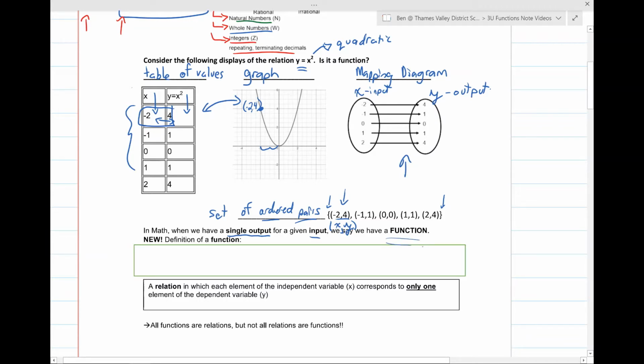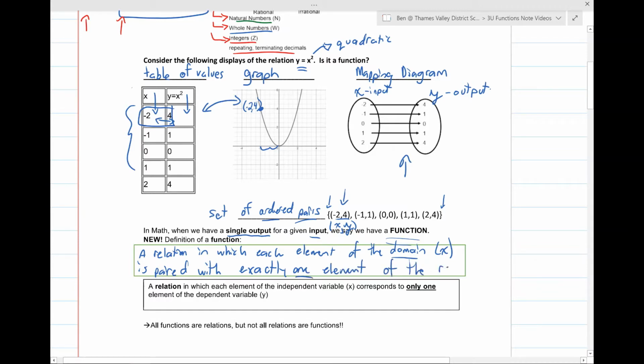We're going to call a function a relation in which each element of the domain, and that's what we're going to talk about today. Domain is x, so each element of x is paired with exactly one element, not more, of the range.